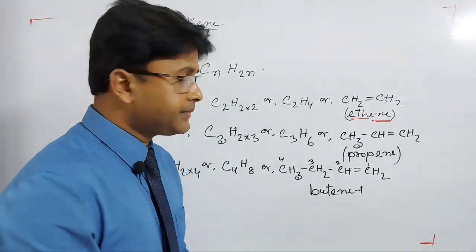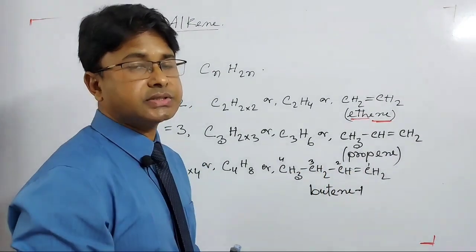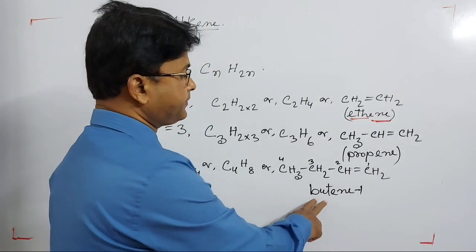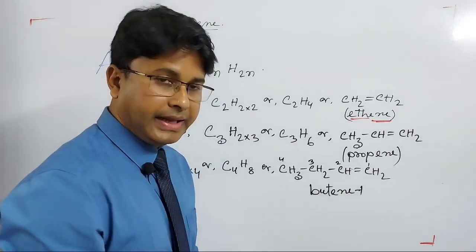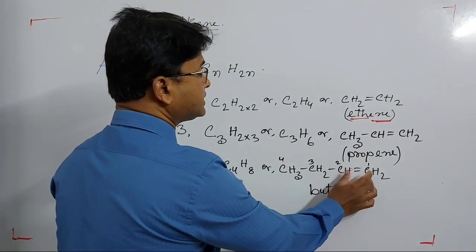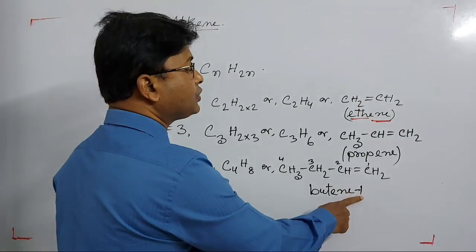Dear learners, there are 4 carbon atoms in this compound, that's why it is but. And the position of the carbon-carbon double bond is at the first carbon, that's why it is butene.